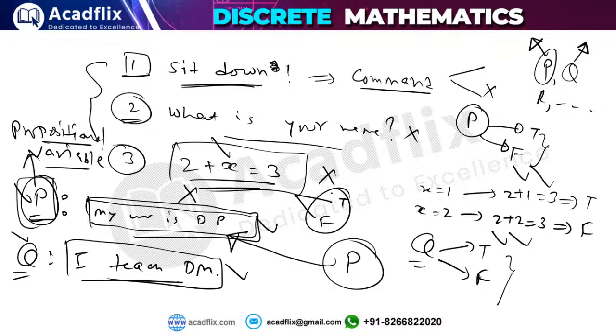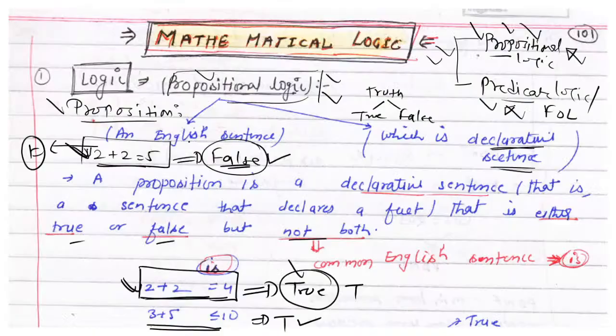And actually there is a mistake in the previous slide, so do not focus on these statements. It is not necessary that this should be an English statement. If someone is learning propositional logic in Chinese, then they will use Chinese statements. Because we are taking only English statements, I have written it here.